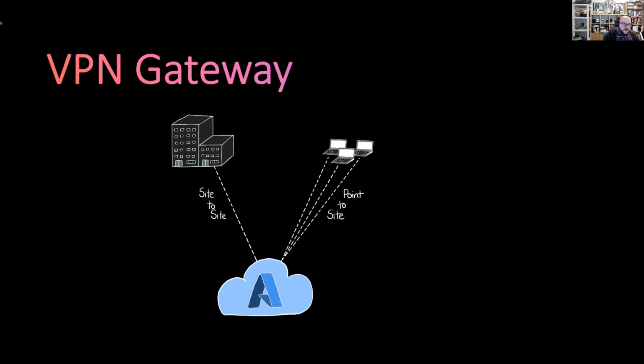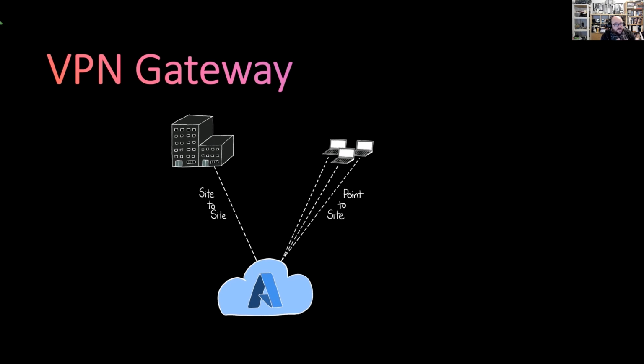The VPN gateway for Azure manages the Azure end of your VPN connection. You need to configure a device at either end to enable the tunnel. So the VPN gateway is the Azure end of that tunnel.